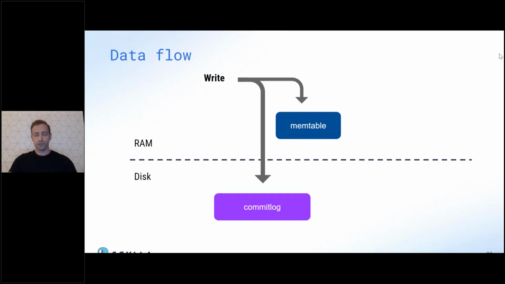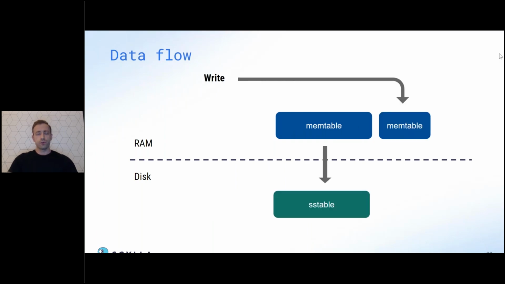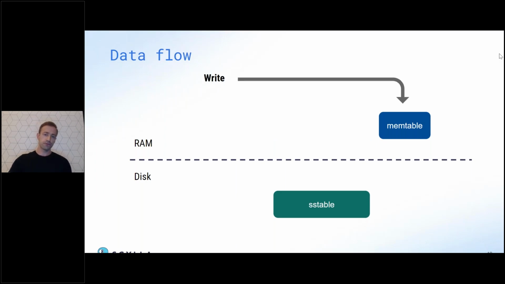And of course, we also write it to the commit log for crash recovery, but this part is not relevant for today's talk. When the memtable is large enough, we flush it to disk into a data structure called an SSTable, which is an immutable data structure and which forms a log-structured merge tree. After that, the memtable is removed from memory.